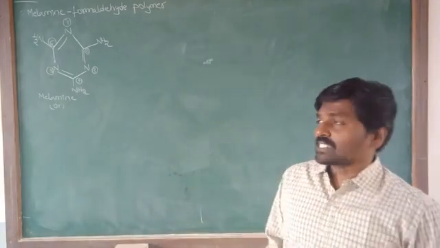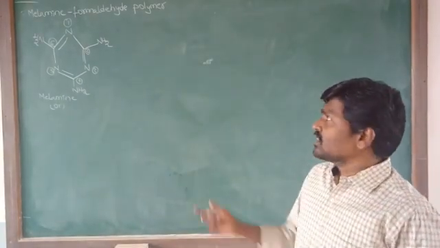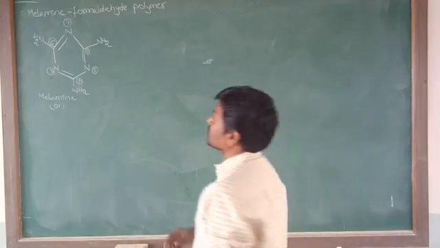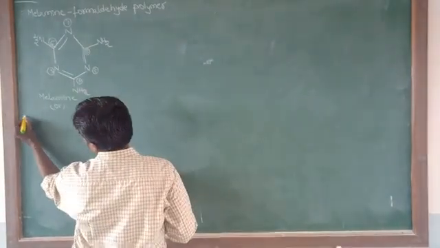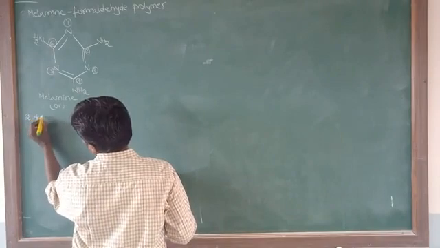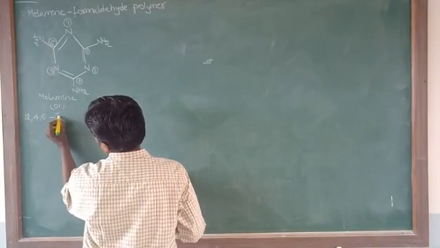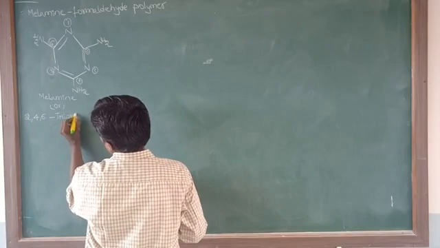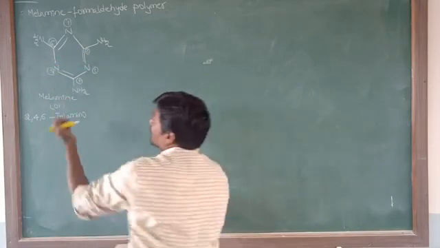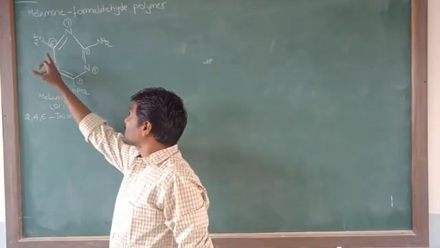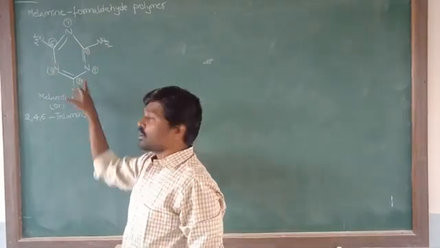This is the structure of melamine, also called 2, 4, 6 triamino. At the second, fourth, and sixth positions, we observe the presence of amino groups.